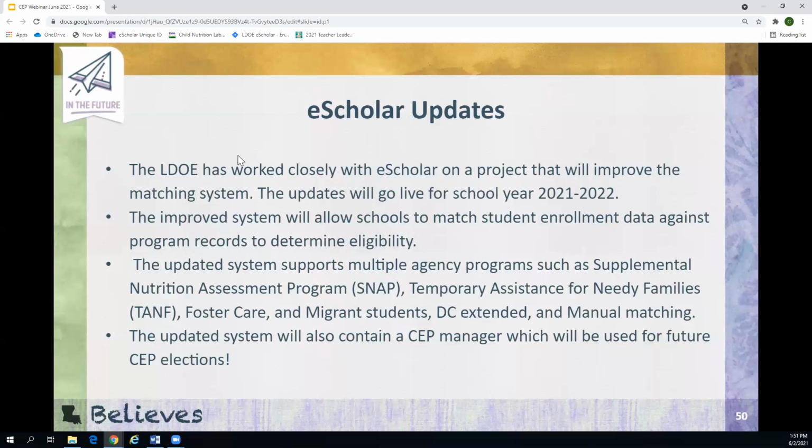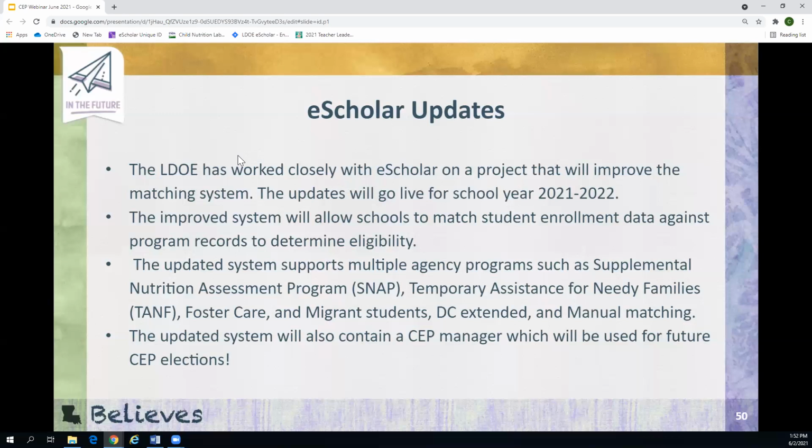The updated system is not only going to match students from SNAP, but it's also going to match students for Temporary Assistance for Needy Families, or TANF, foster care, migrant. It'll also have the ability to do DC extended based on address matching, and also a feature to allow manual matching of students.